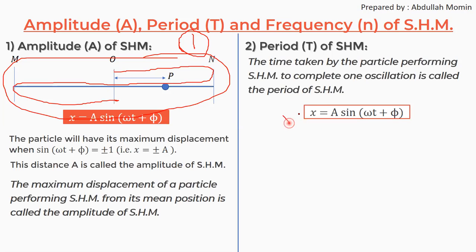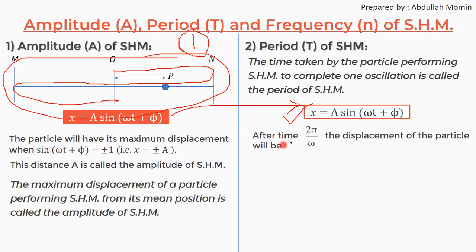So we know that the displacement of a particle is x is equal to A sine omega t. This is the same equation. So after time, let's say 2 pi by omega, the displacement of the particle will be: we are going to increase the time by the amount of 2 pi by omega.